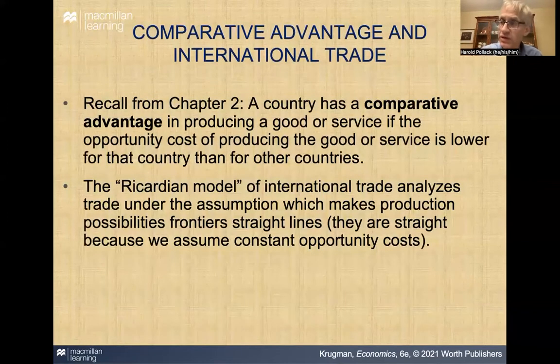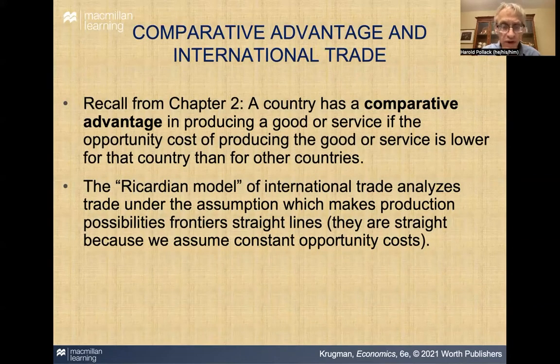Now recall, as we talked about basically in the first lecture, a country has a comparative advantage in producing a good or service if the opportunity cost of producing the good or service is lower for that country than it would be in other countries. What's sometimes called the Ricardian model, named after the economist David Ricardo, analyzes international trade under the assumption that production possibility frontiers are straight lines.